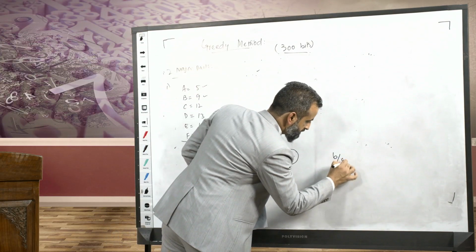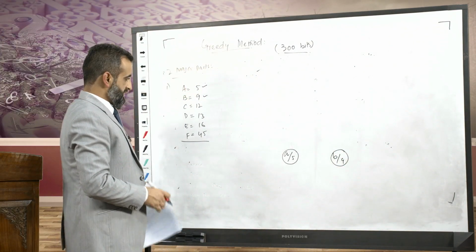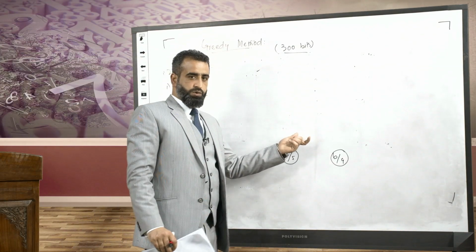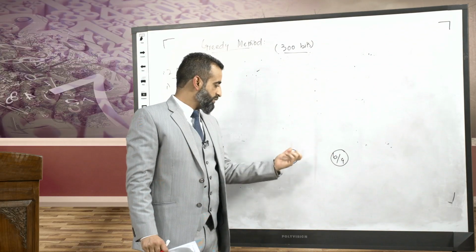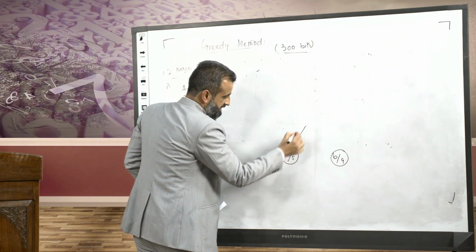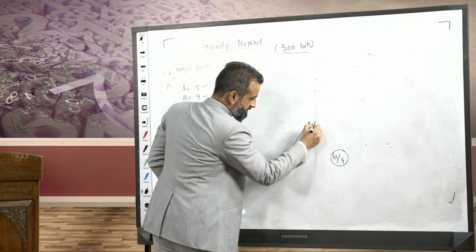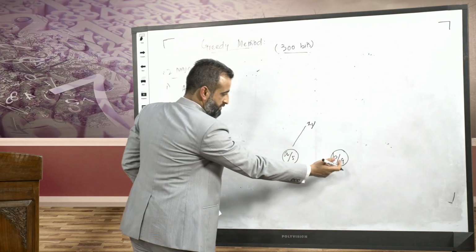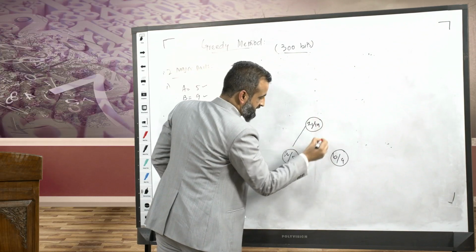That's step 2. Step 3 tells me to create a new internal node based on these two nodes, with a frequency equal to the sum of these two. So the new node that I create, let's call it x1, carries a frequency that is the sum of 9 and 5, which is 14. This is the new node that I create.